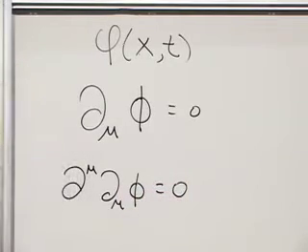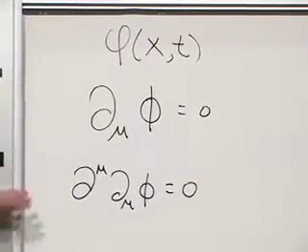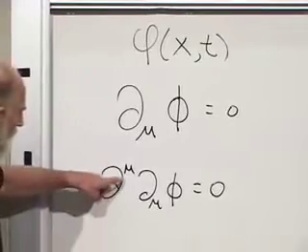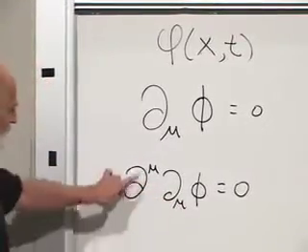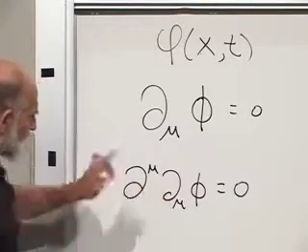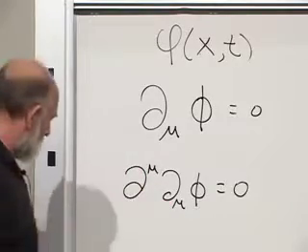I'm now using notation that we described several times in the past, where an upper index and a lower index differ only by the sign of the time component.